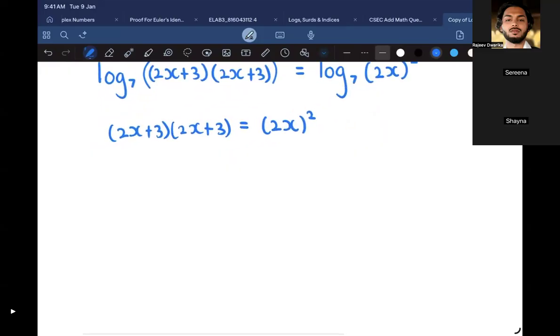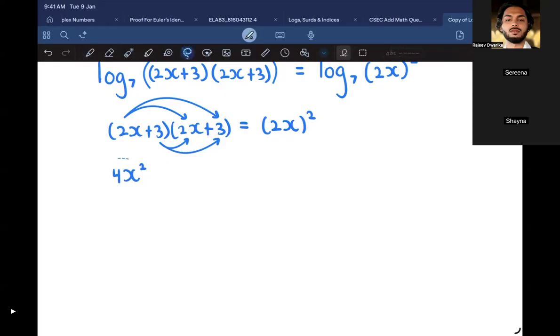So let me expand this. If we expand that, it's going to be 2x times 2x, which is 4x squared, then 2x times positive 3, 6x, and 3 times 2x, which is 6x, and then 3 times 3, 9. Tell me if you're following so far. Yes, sir.